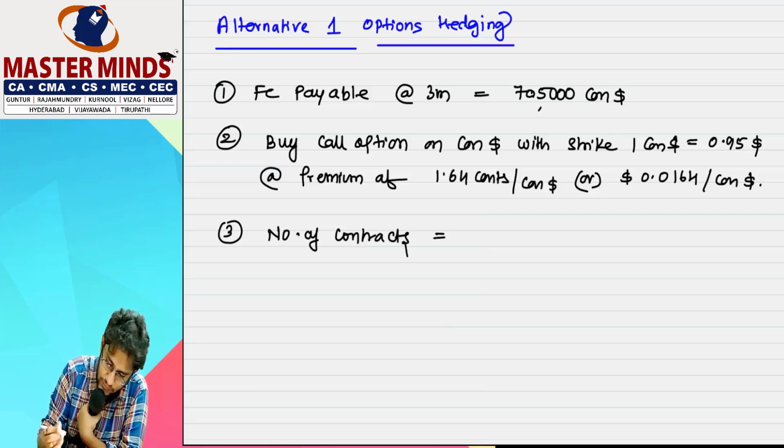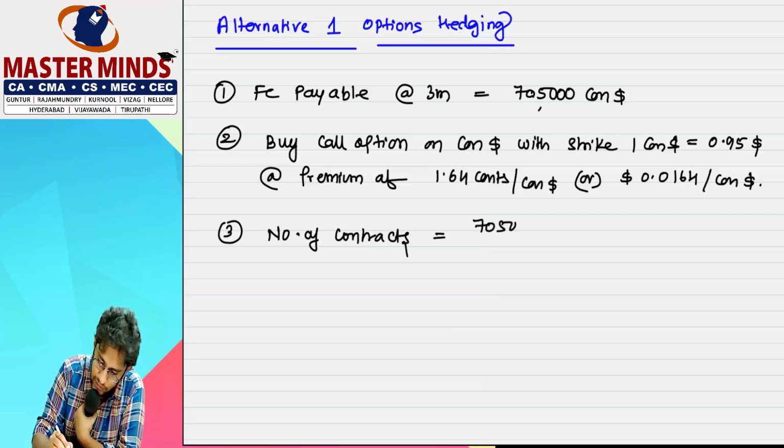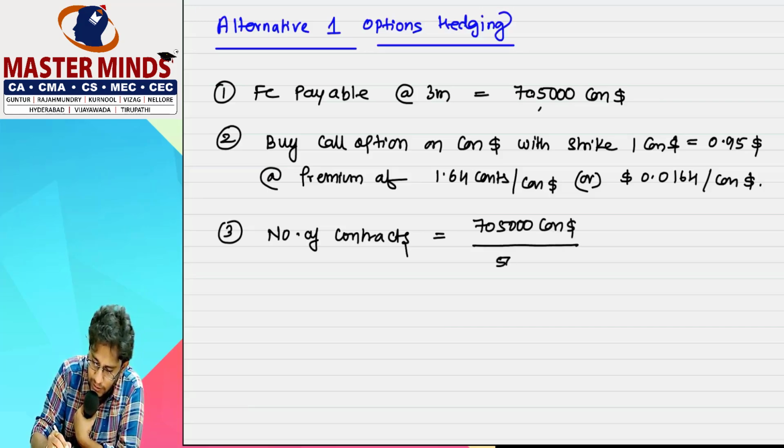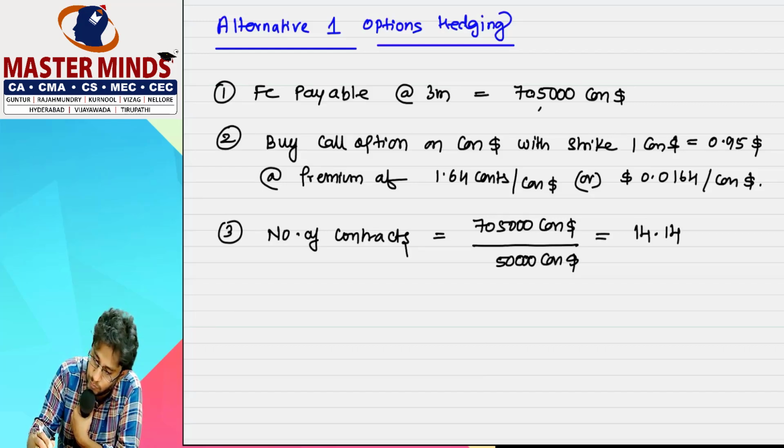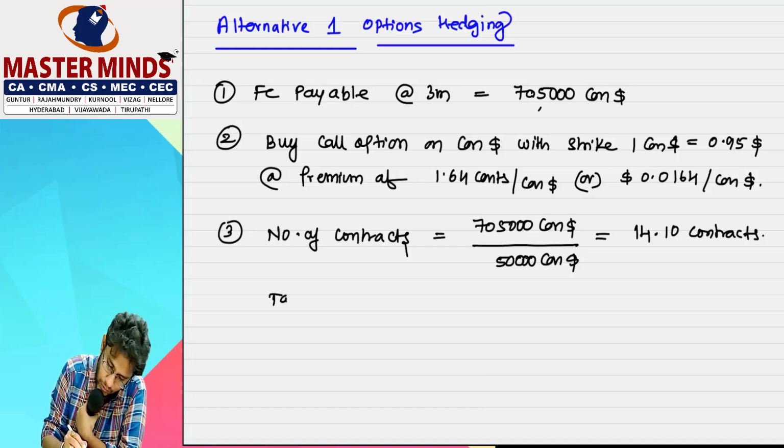Number of contracts, 7 lakh 5,000 CAN dollars I have to hedge. One contract if I take up, I can hedge 50,000 CAN dollars. 14.1 now? Okay, take 14 contracts.